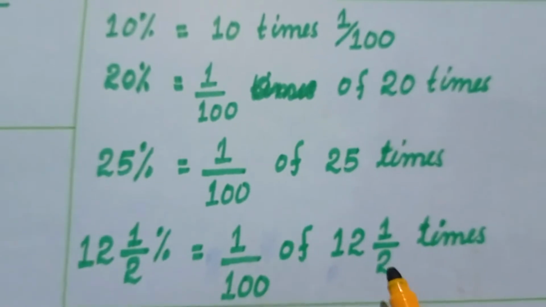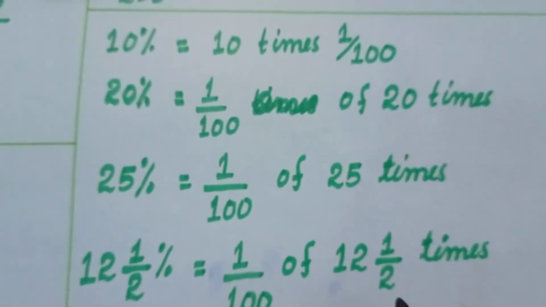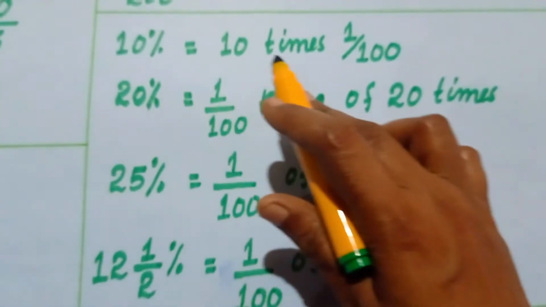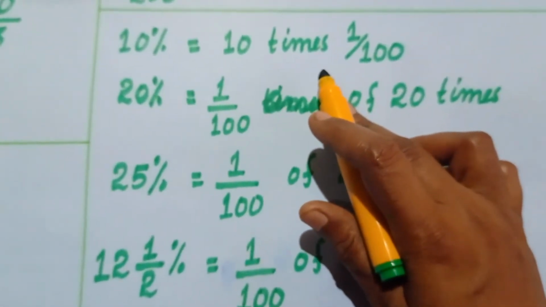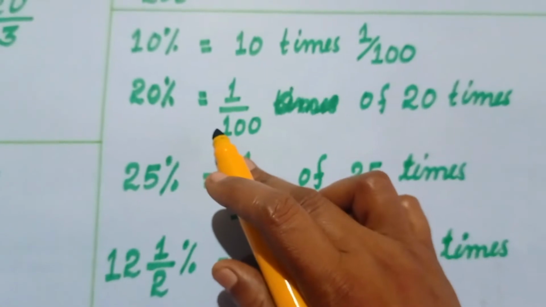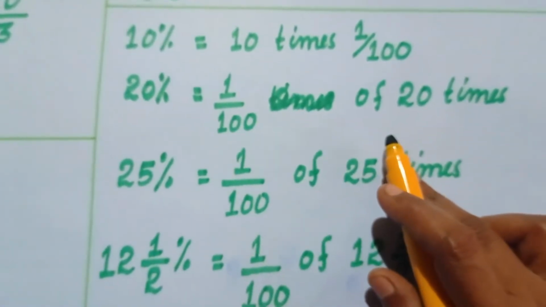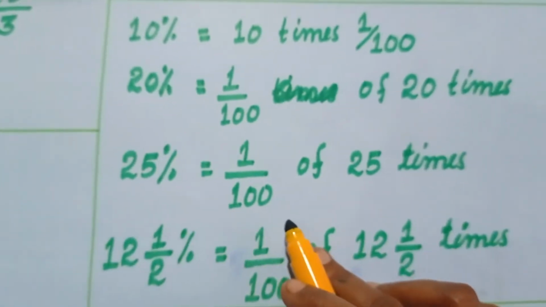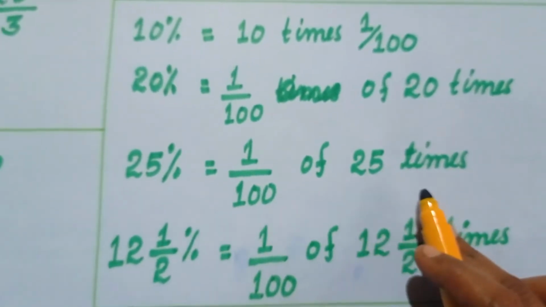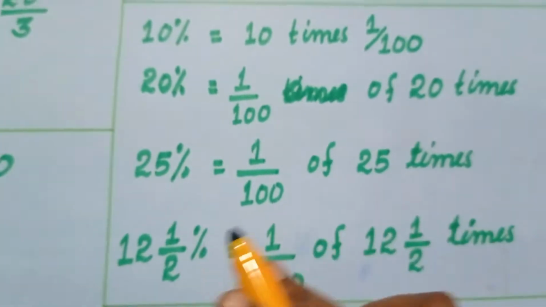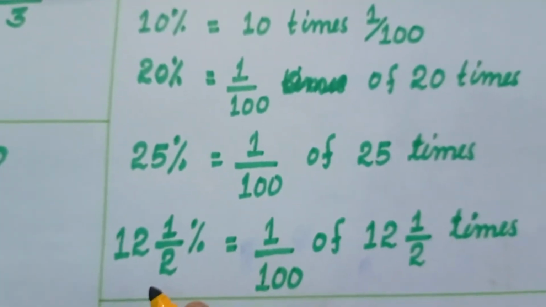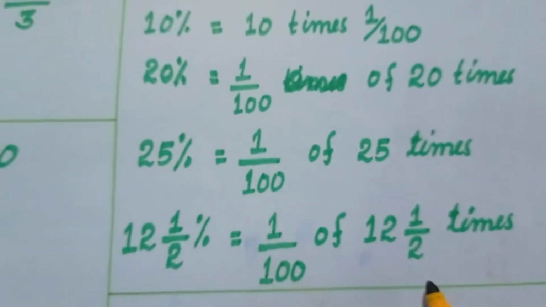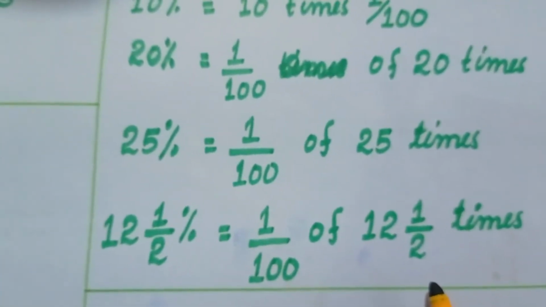It is 1 by 100 of 12 and 1 by 2 times. So 10% is 10 times 1 by 100, 20% means 1 by 100 of 20 times, 25% means 1 by 100 of 25 times, and 12 and 1 by 2% means 1 by 100 of 12 and 1 by 2 times.